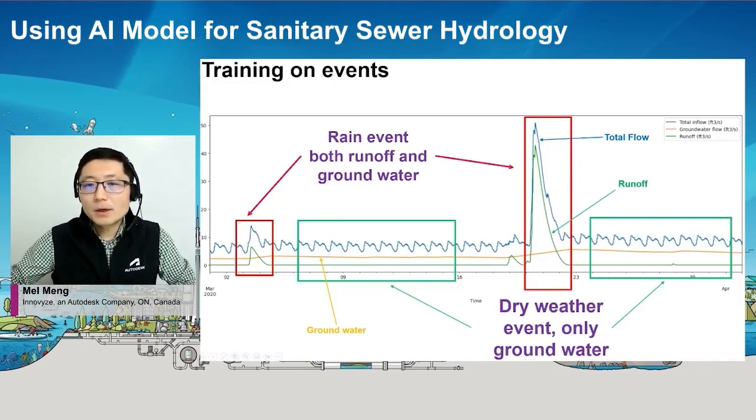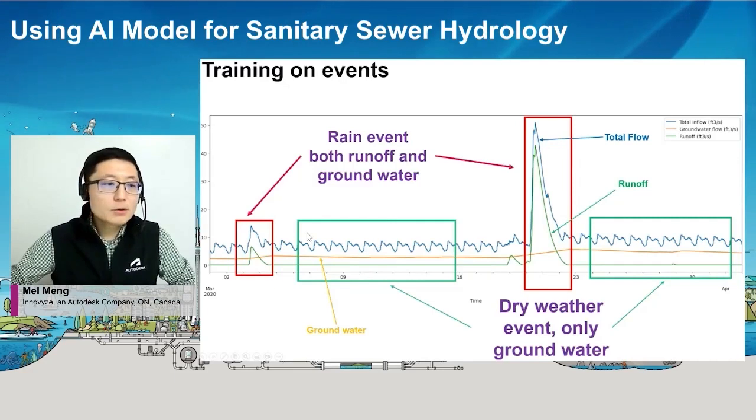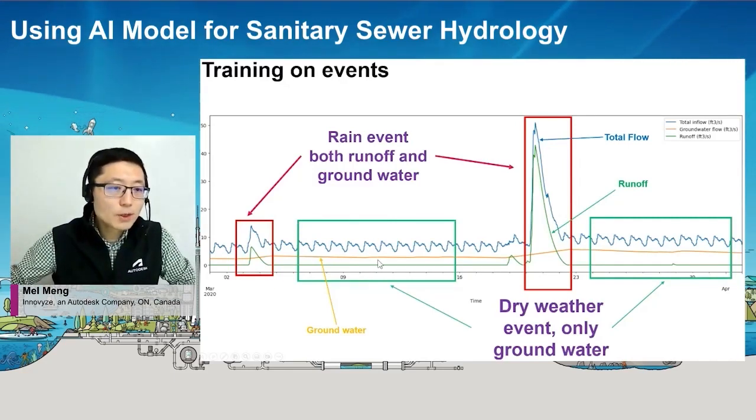Another thing I want to point out is that for groundwater, it is much better to train during the dry weather event. The reason is once it rains, it's very hard to separate this. You don't know what is runoff, what is storm, what is groundwater infiltration. Also, recall how we do this in the AI model: for each point, we look back for 7 days or 14 days.